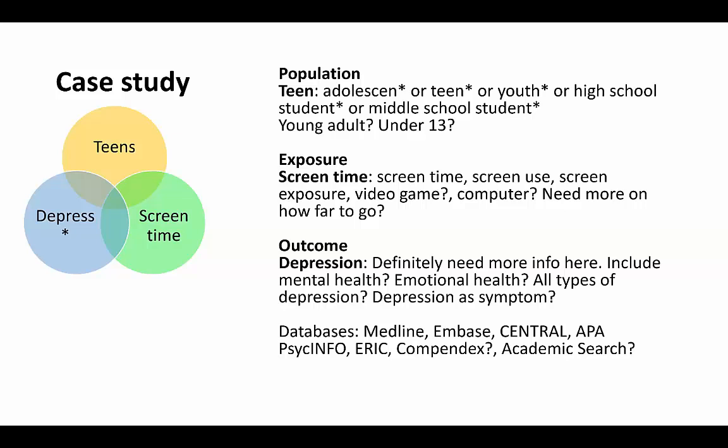And we saw in some of the titles of the articles that instead of just depression, they said mental health or emotional health. Do they want those as well, or only those that talk about depression? So all of these are really good questions and things to work through. I think there was even one that had young adult marked in it as well. So depending on how they mean their age group, that can really expand.